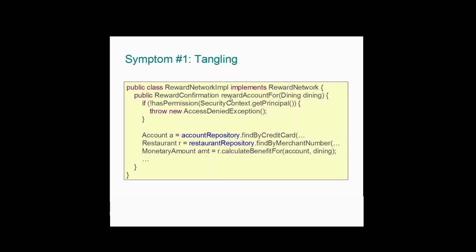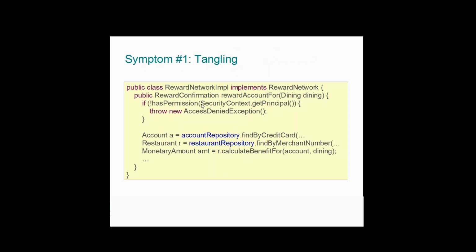If you look at the tangling, this is how your code looks. I have a permission, this is the security check, and this is my business logic. Moreover, in existing code, different kinds of cross-cutting concerns cut across many functional blocks.